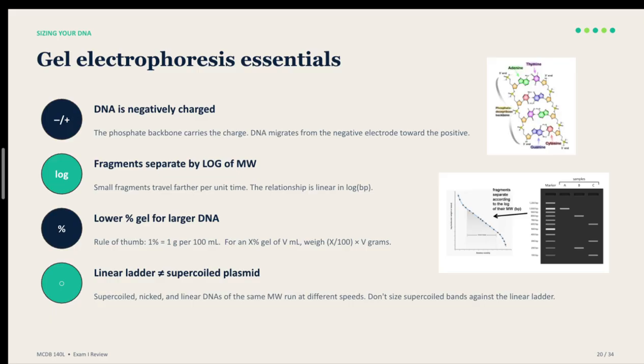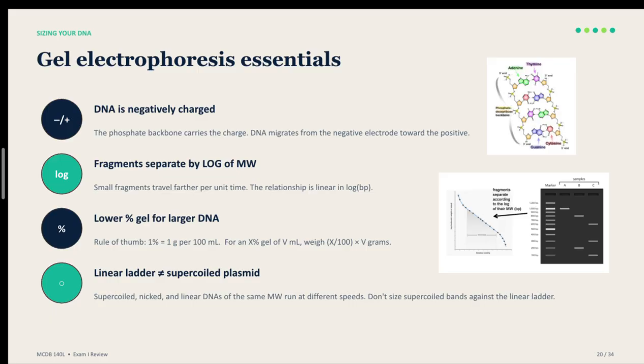Okay, I think this is important too. Generally, you want a lower percent of agarose for bigger fragments. Think of the agarose as a mesh, right? Lower percent means more open mesh. So 1% also just means 1 gram per 100 milliliters for calculational purposes. And then for an X% gel of volume V, you weigh X over 100 times V grams.